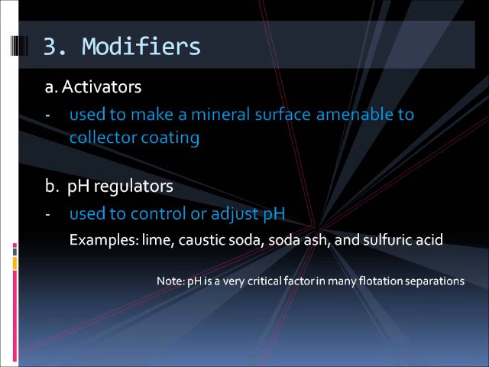However, pH regulators are used to control or adjust pH. Examples are lime, caustic soda, soda ash, and sulfuric acid. Always remember that pH is a very critical factor in many flotation separations.